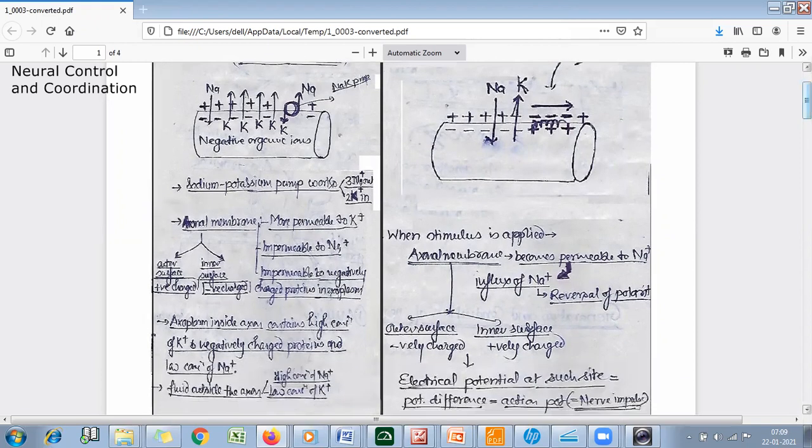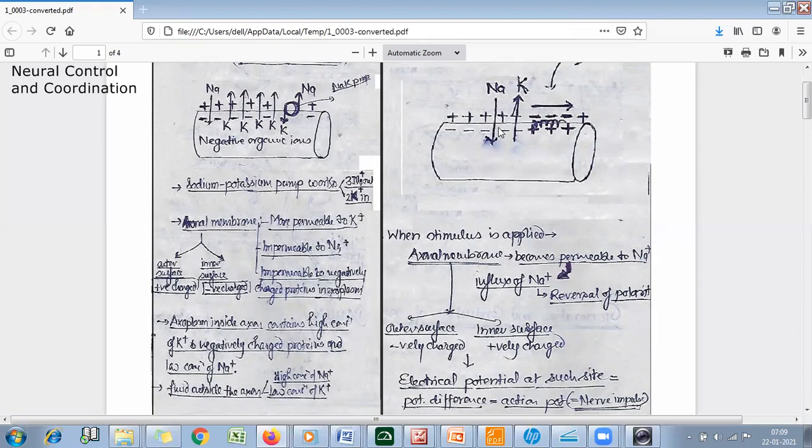When the stimulus is applied, the axonal membrane becomes permeable to sodium. In the previous state, we have seen that the membrane is not permeable to sodium. Now, when the stimulus comes, it becomes permeable to sodium, and due to influx of sodium, the reversal of the polarity takes place.